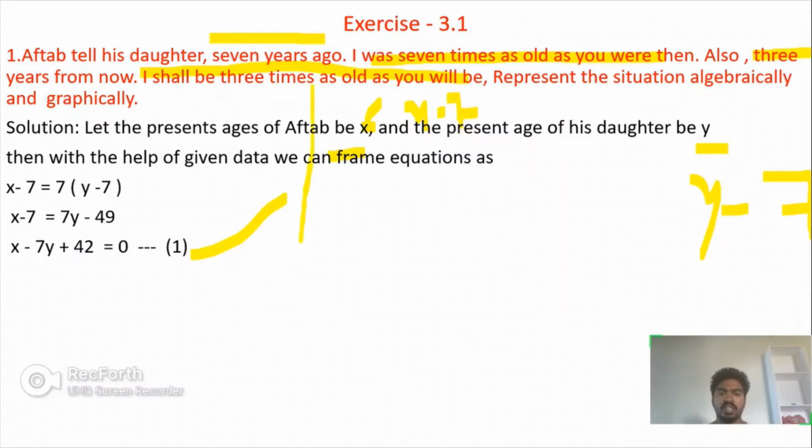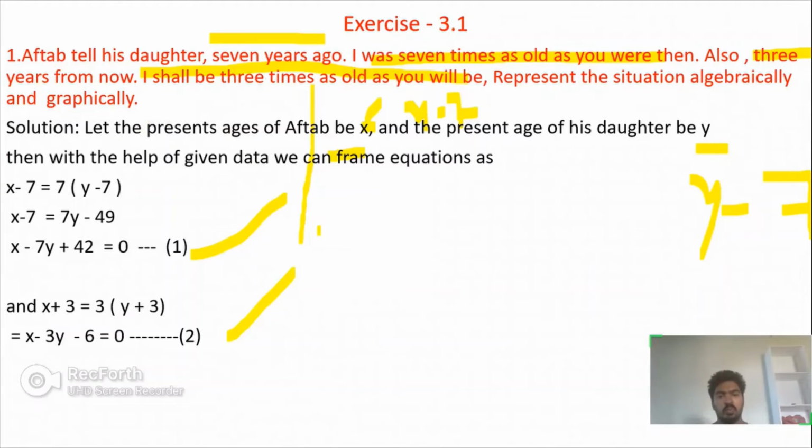I can frame this statement as the equation x plus 3 is equal to 3 into y plus 3. If I solve, x plus 3 is equal to 3y plus 9, and x minus 3y minus 6 is equal to 0 as the second equation.